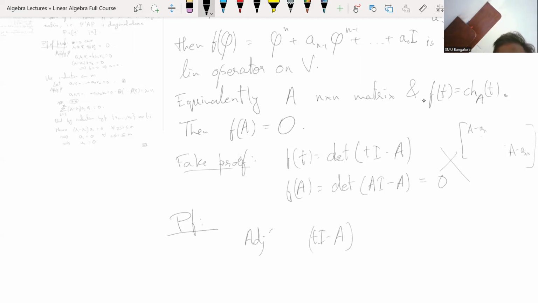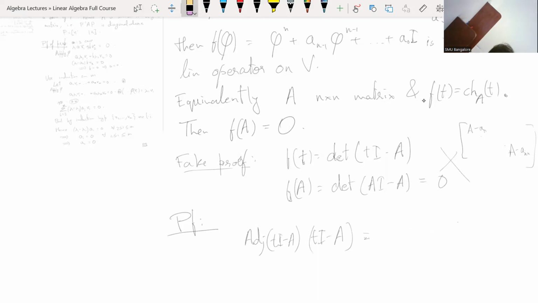So you know what the adjoint of the matrix is? So this becomes determinant of tI minus A times the identity.